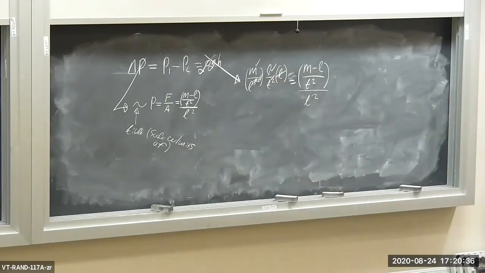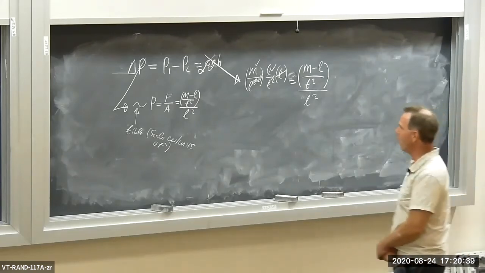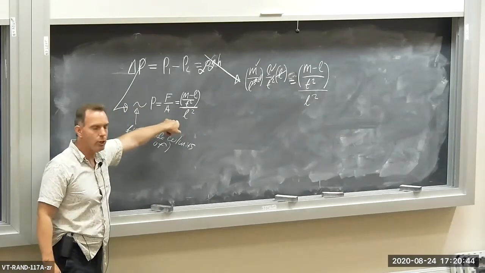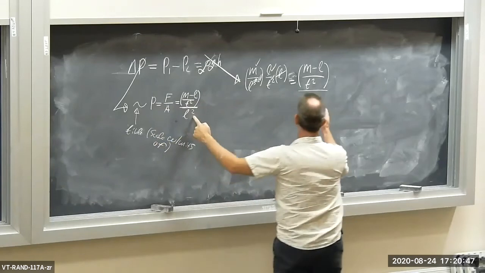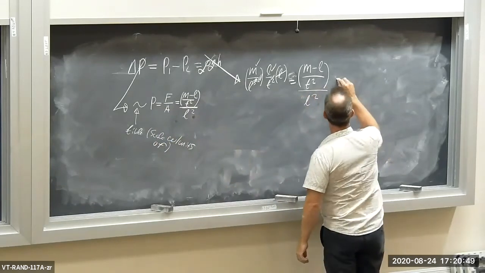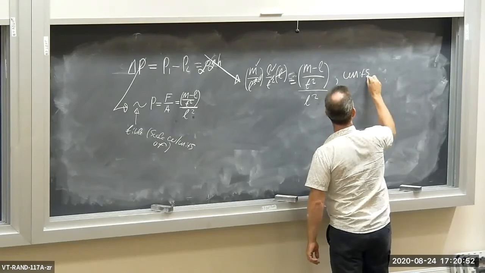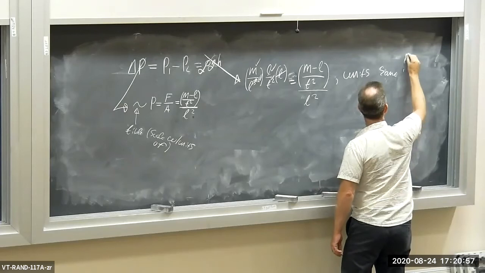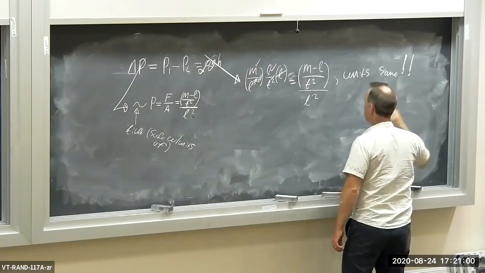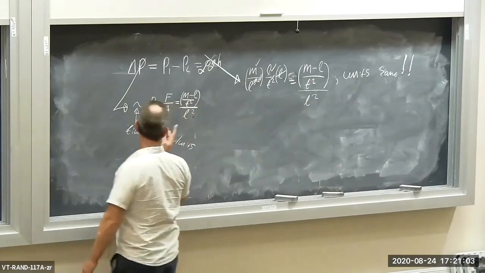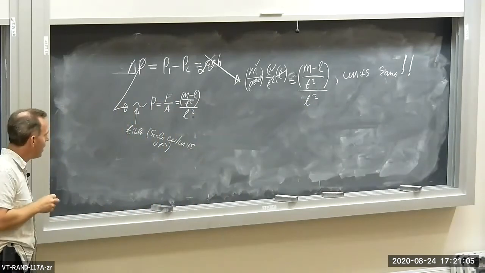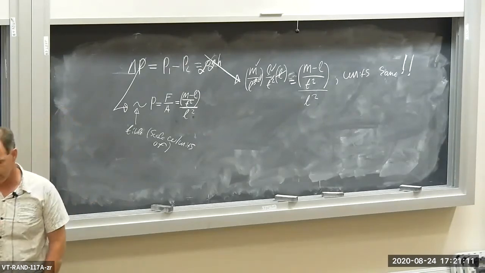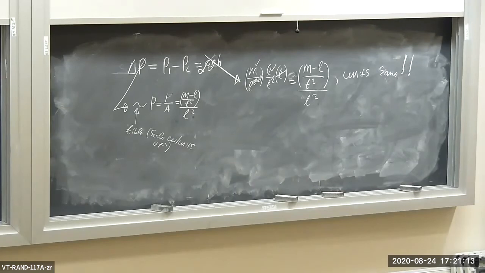Mass times length over time squared divided by a length squared is the same as the units for pressure. The units are the same. The left-hand side of that equation has the same units as the right-hand side of the equation. So it is dimensionally correct.